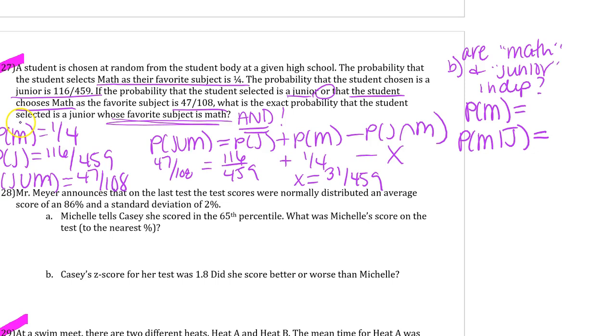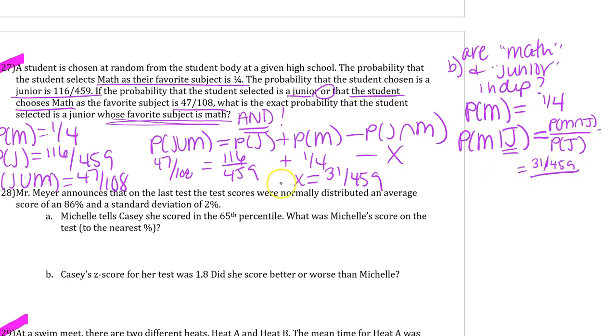And some students may choose to come up with a two-way table, but it's actually easier than that. Probability of math they gave you, that's 1/4. The probability of math given junior you don't know, but you can calculate it using the conditional formula, which is always the probability of both events, so the "and," divided by whatever's given. I just solved for this in my previous part. This was 31 out of 459.